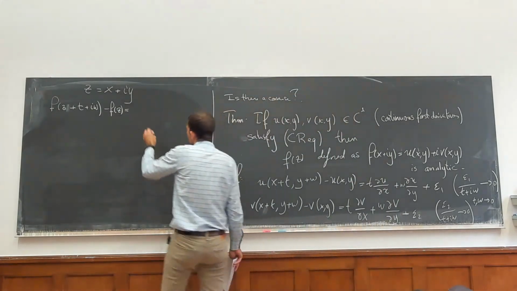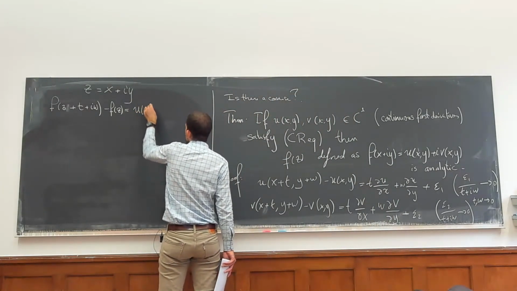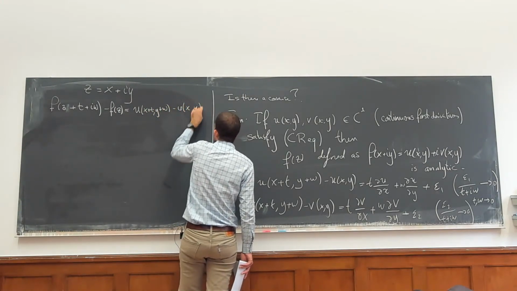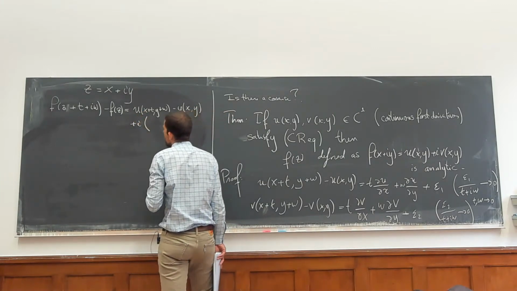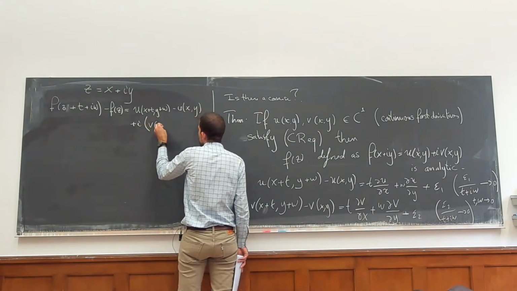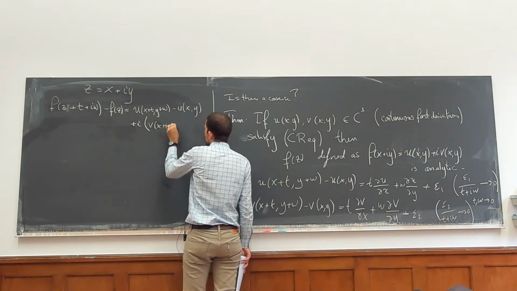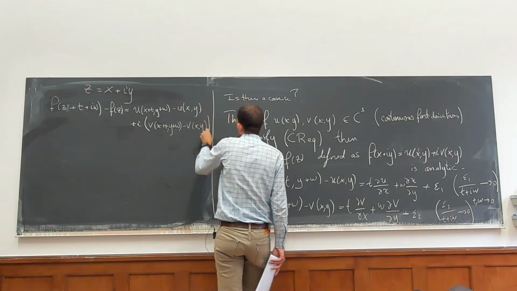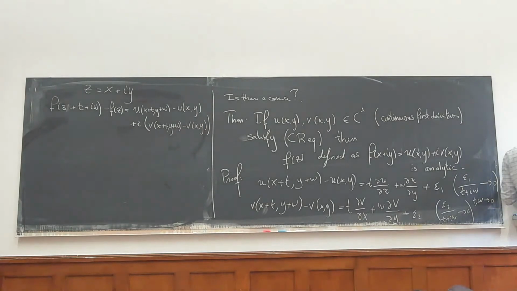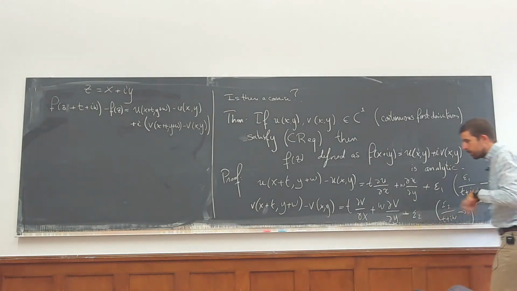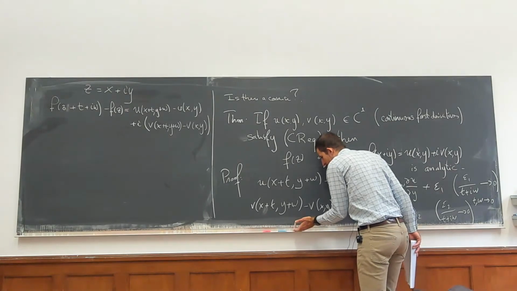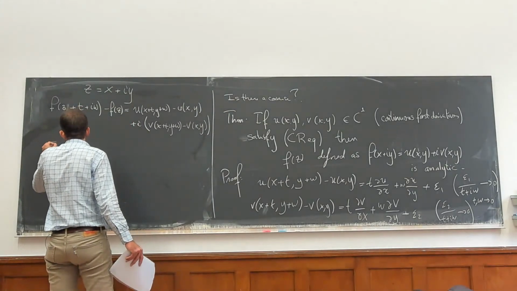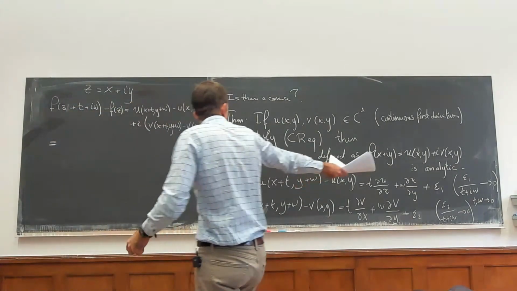This is equal to, okay, so u x plus t y plus w minus u y plus i times, now the thing in b, dx plus t minus b. Okay, now we need to expand all this out. So I just expand using all of this.